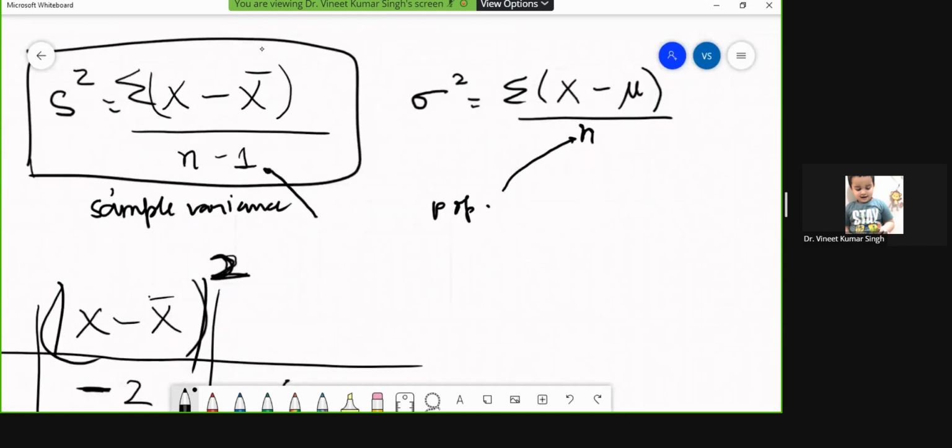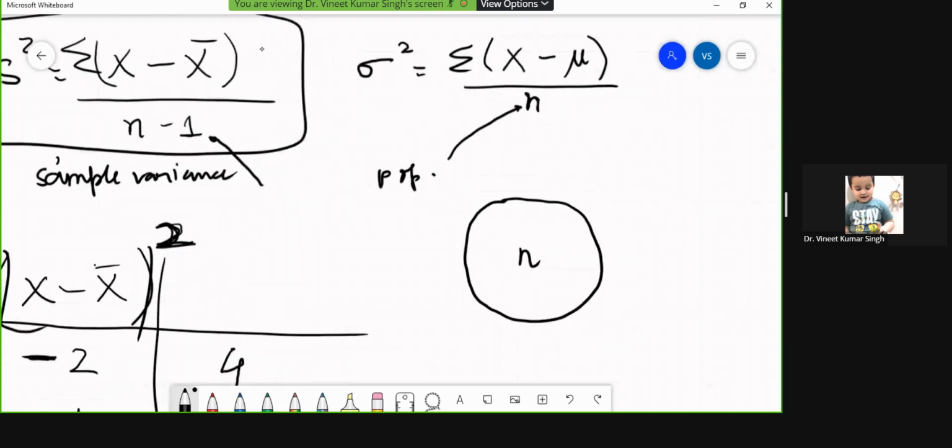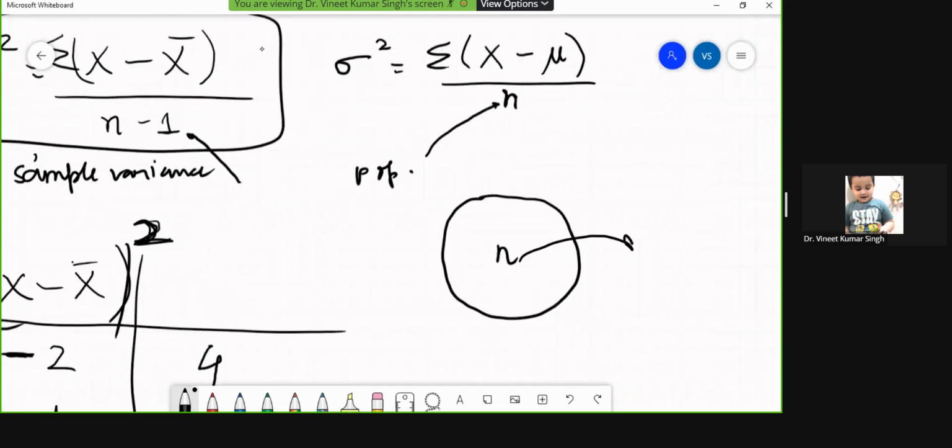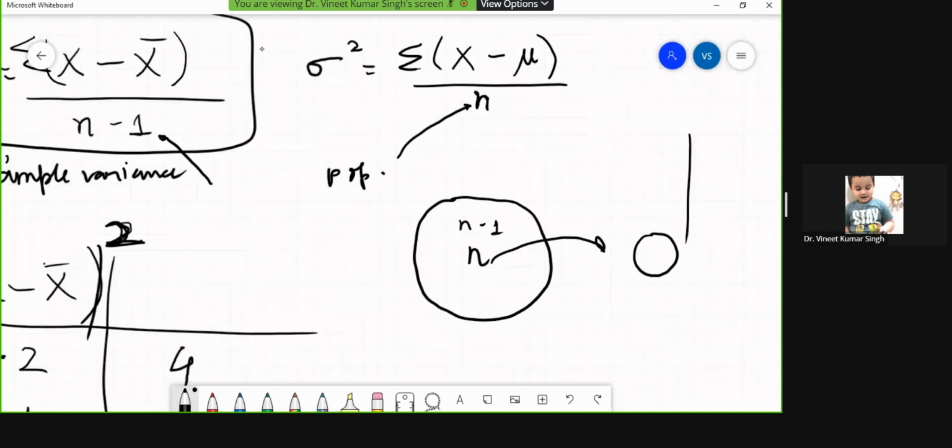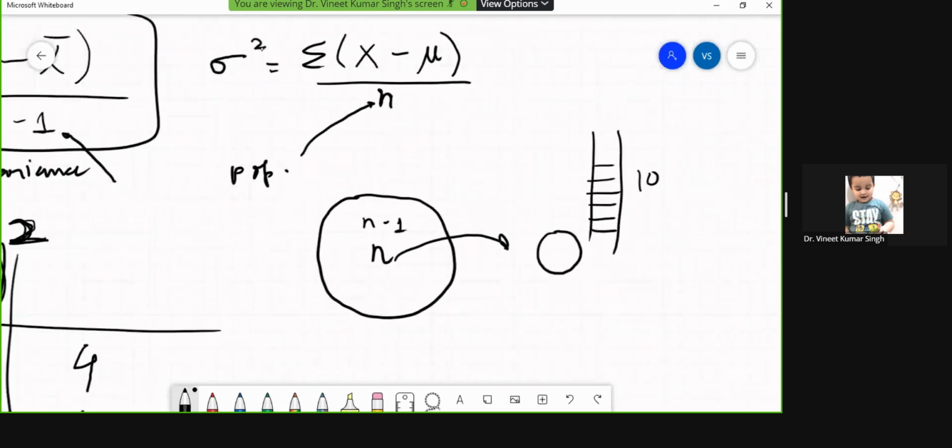Why? Because suppose this is a population having n number of individuals. If we take out one sample out of it, the entire population will become n minus 1. Generally, if we take a sample, we consider that we are studying this sample. Understand it like this: suppose this is a ladder with 10 steps.